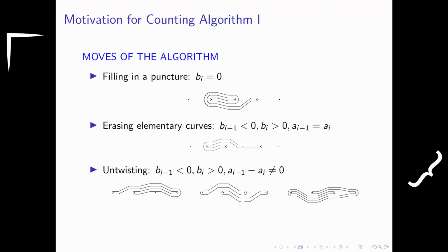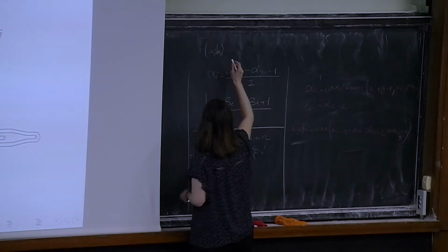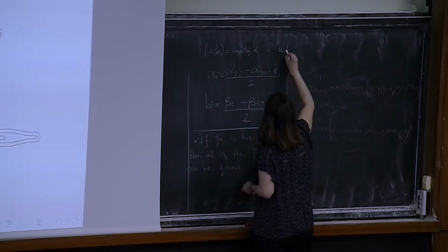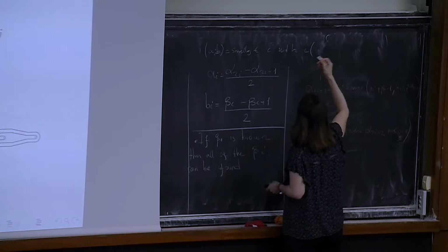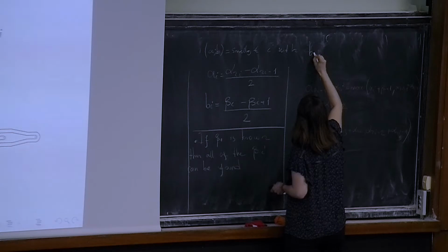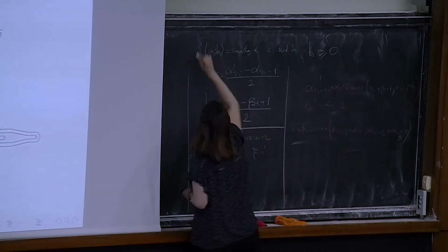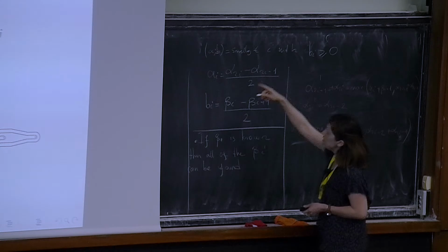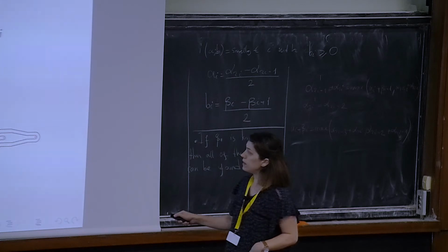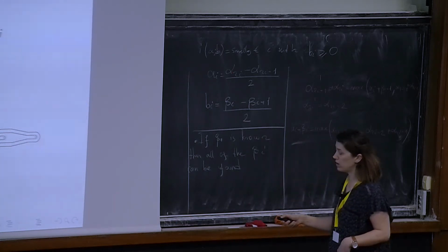Or sometimes, if IAB is the smallest I with iota greater than 0, and you define a function like this, then this move decreases I by 1.